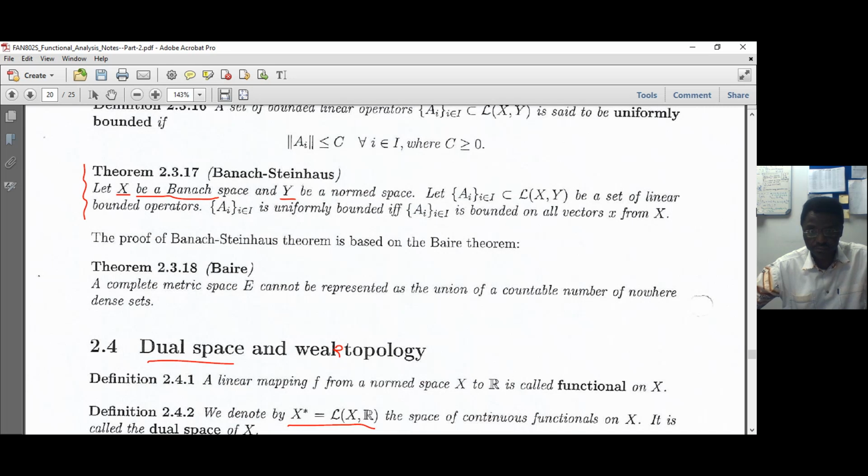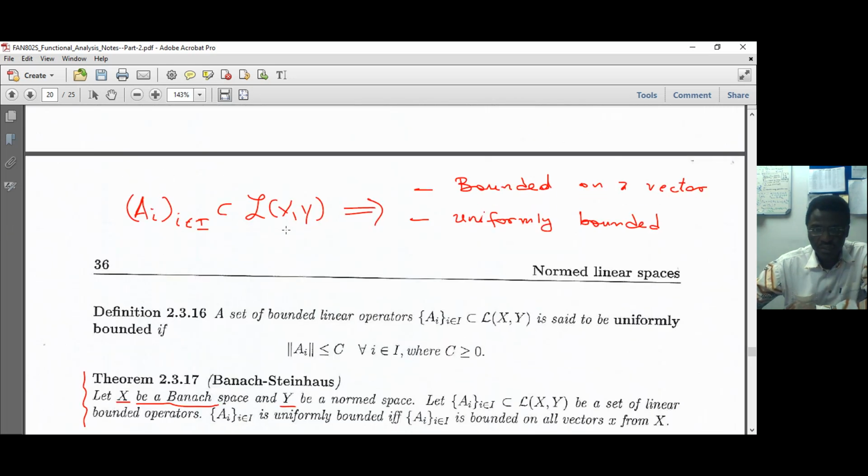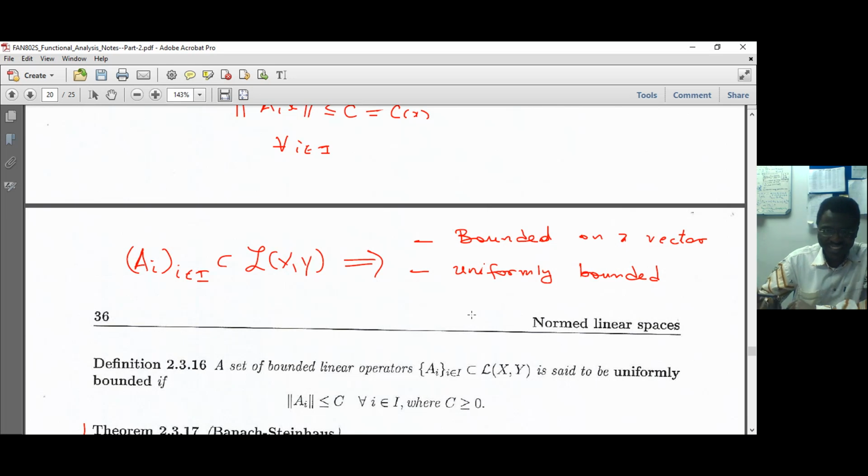So we have the family of bounded linear operators. Now, we want to characterize uniform boundedness. This is what we want to characterize. We know already what it means.